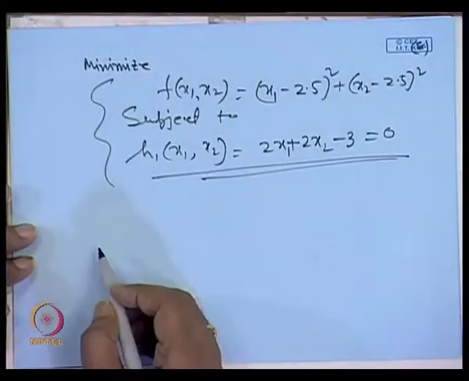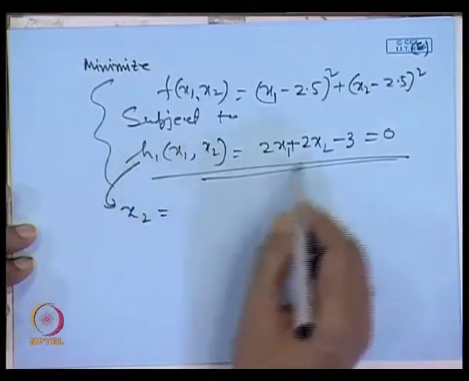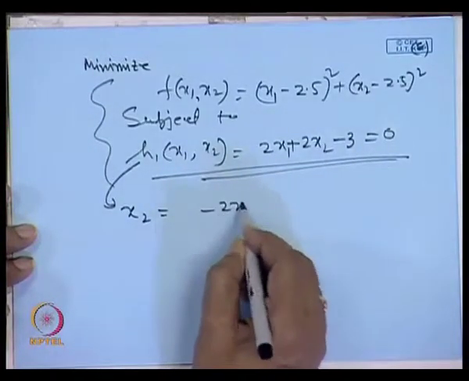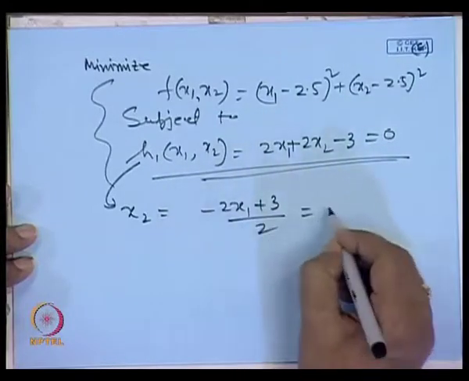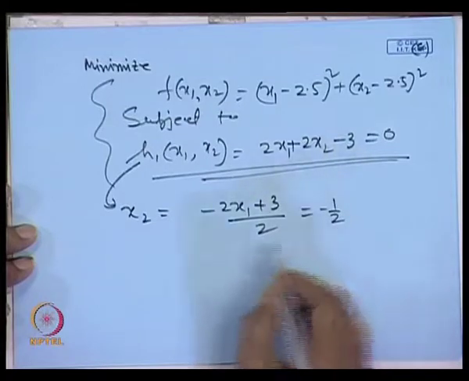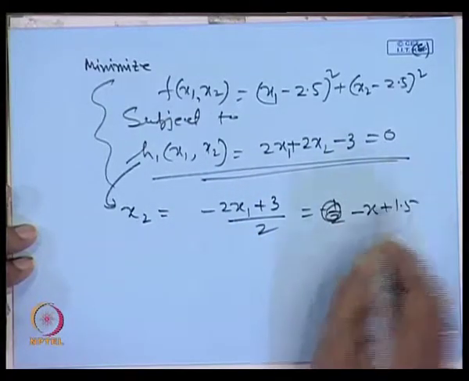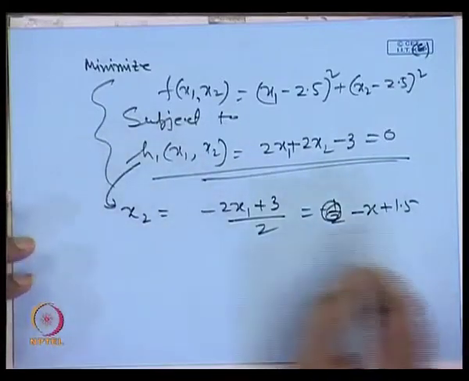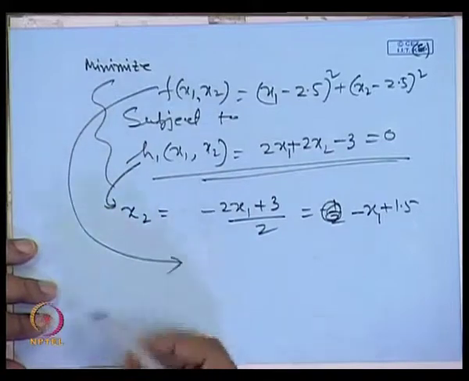One can do it this way. I will find x2 from here: x2 is equal to minus 2x1 plus 3, divided by 2, which is nothing but a half, the 2 cancels, so it is minus x1 plus 1.5. Now put this value of x2 in the objective function.